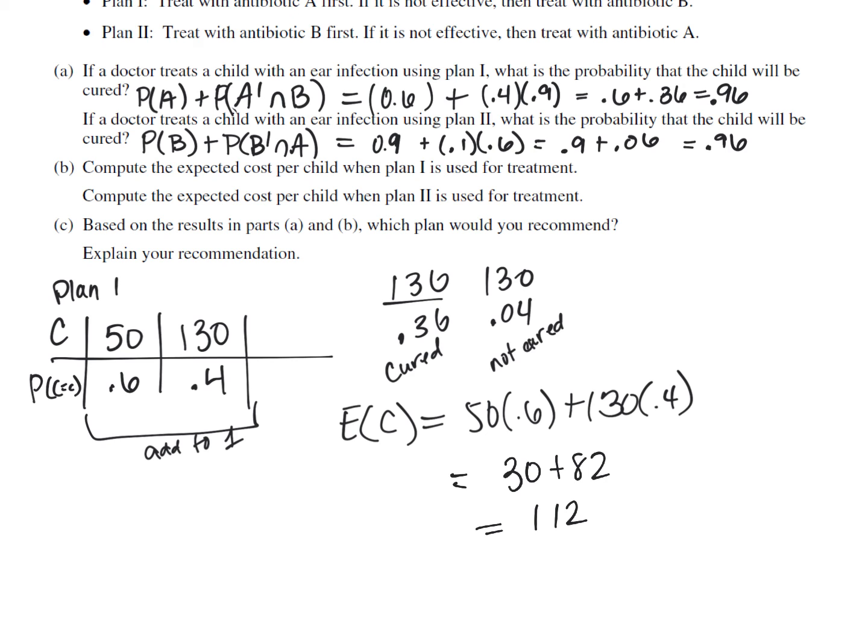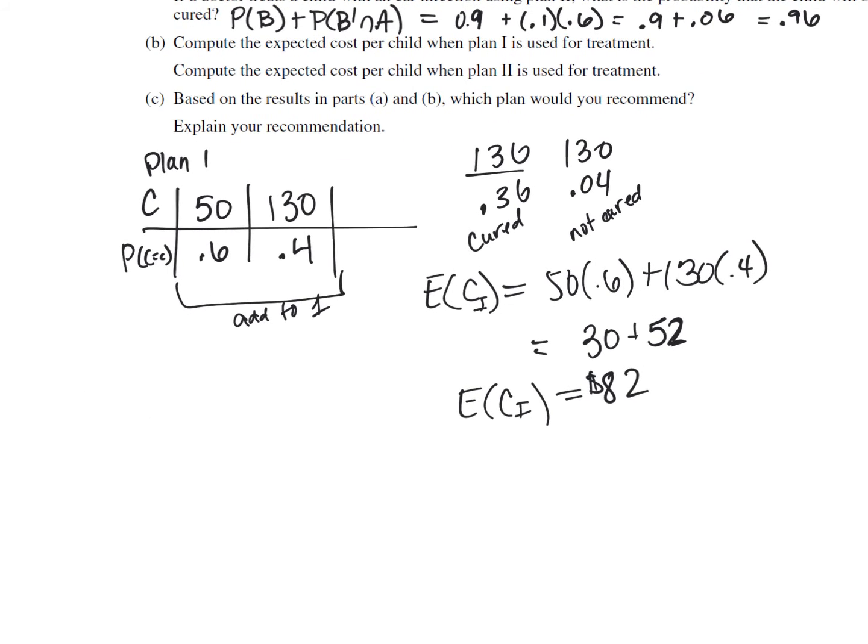I have a wrong key in here. 52. $130 times 0.4 is 52. I accidentally hit the plus sign. So the total expected cost for plan A, or plan 1, sorry, is $82.